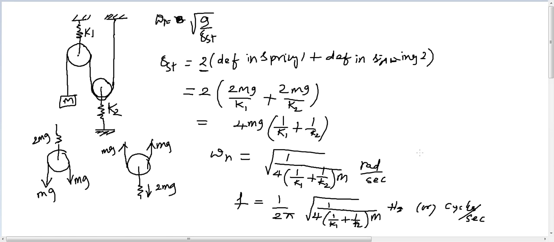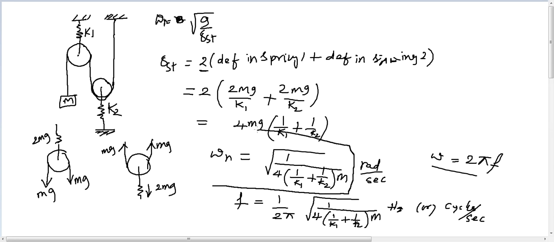It is because omega equal to 2 pi into f. If we want the frequency f, that should be 1 by 2 pi into omega. This formula we have used here in this case. So this is the final natural frequency of the system in radian per second.